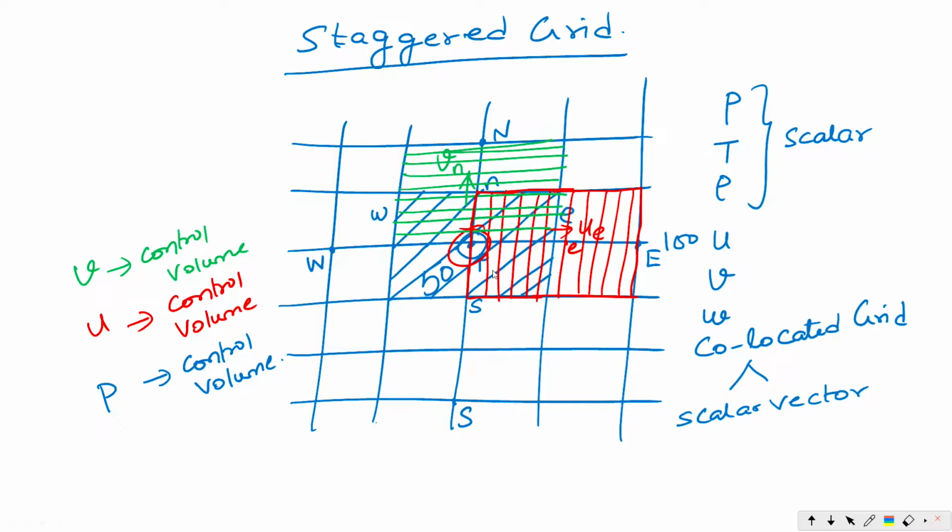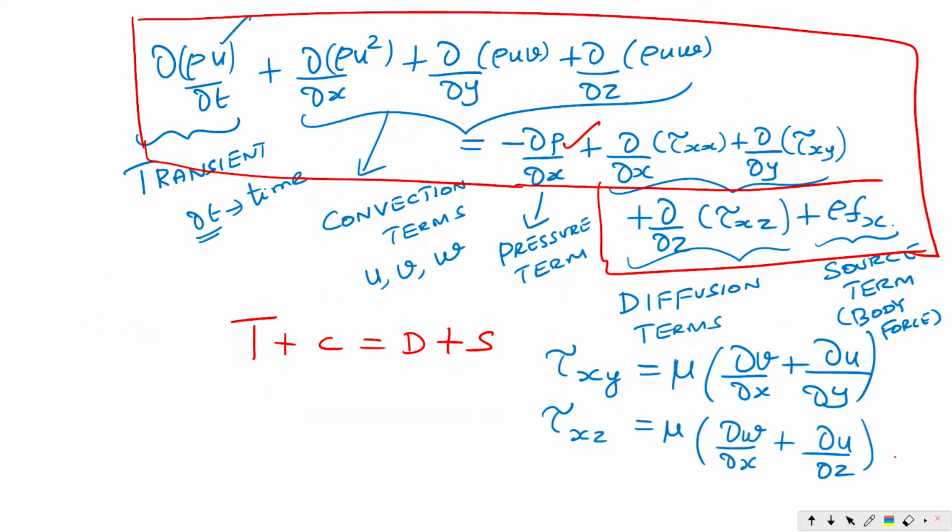If both the scalar and vector quantities are stored in the same cell node, it is called a collocated grid. We also saw the drawback, or limitation, of storing both the scalar and vector quantities in the same cell node.